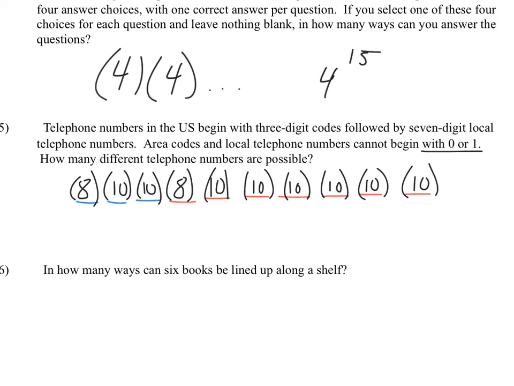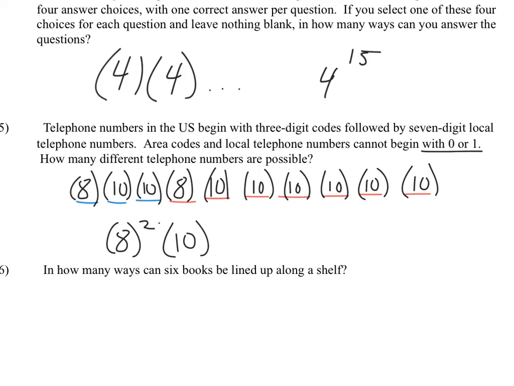I can write this a few different ways. I think what might make sense is it's 8 squared times 10 to the, well, we had 2 here and 5 here, so what is that, 10 to the 7th? Sorry, that should be 10 to the 8th.